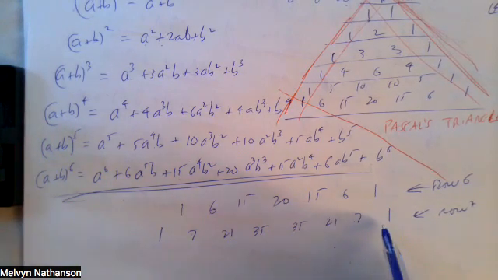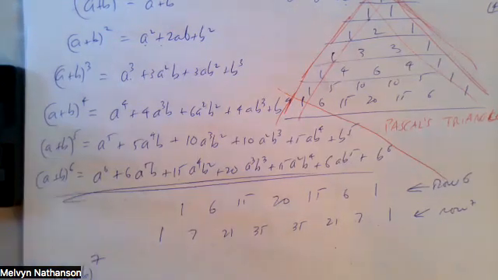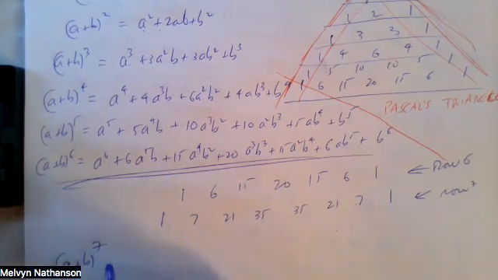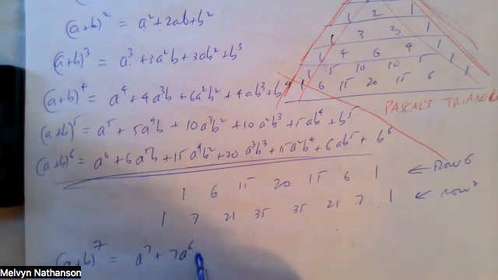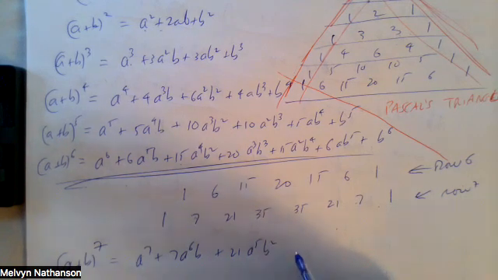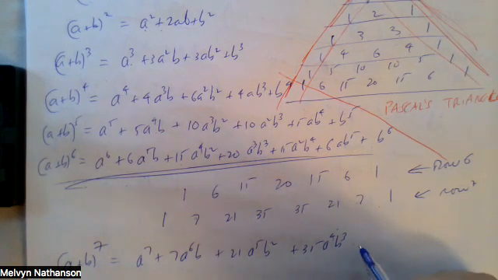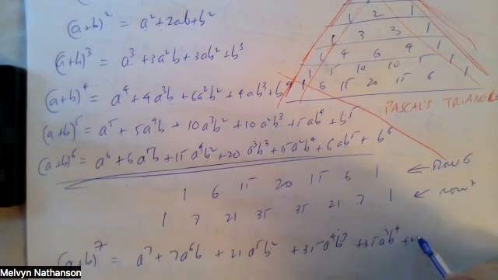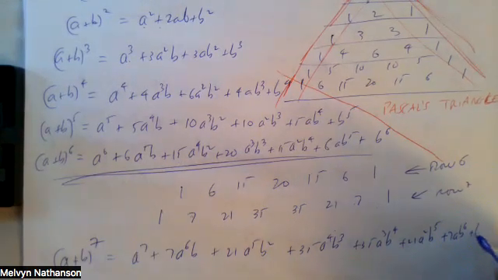These numbers will be the coefficients when you expand a plus b to the 7th. So a plus b to the 7th will be a to the 7th plus 7 a to the 6th b, plus 21 a to the 5th b squared, plus 35 a to the 4th b cubed, plus 35 a cubed b to the 4th, plus 21 a squared b to the 5th, plus 7 a b to the 6th, plus 1 b to the 7th.